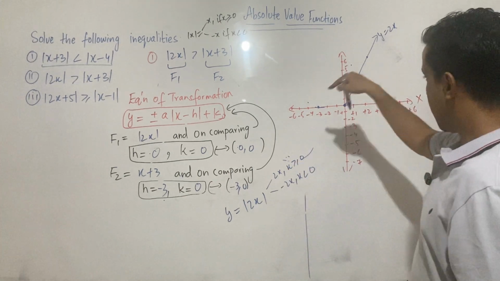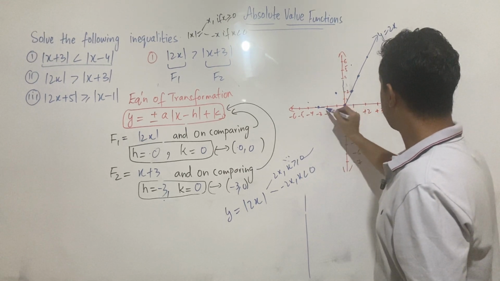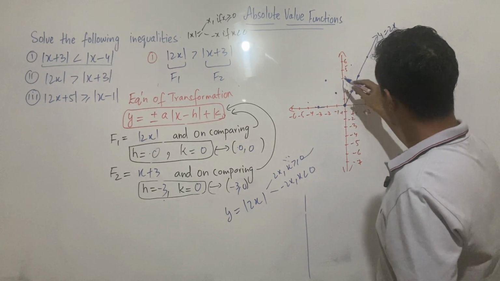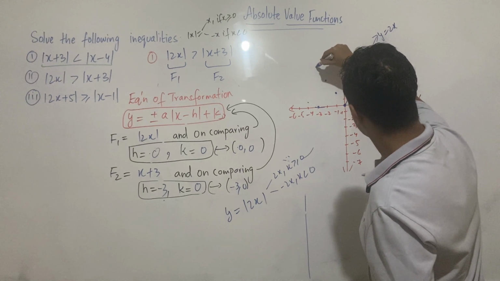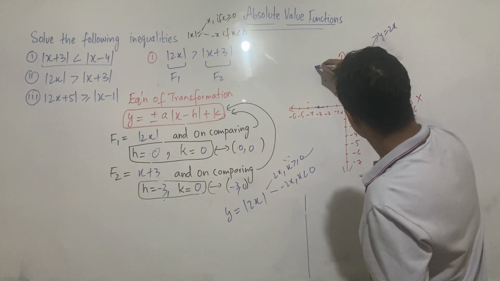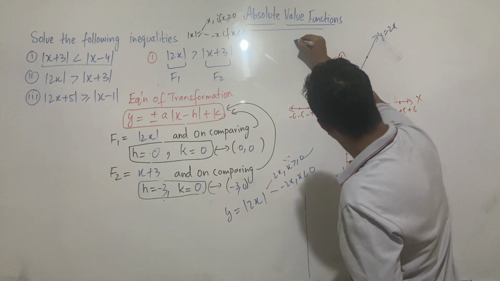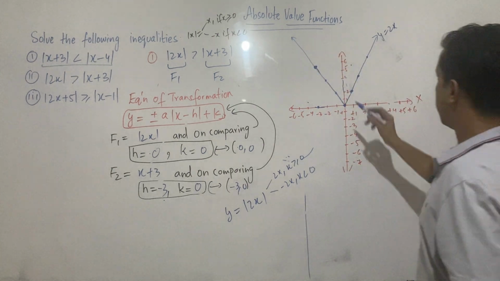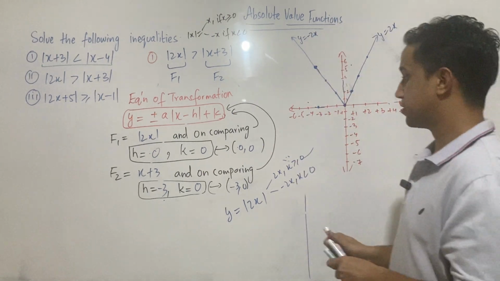Let's move to the other side. Same: minus 1, 2; minus 2, 4; minus 3, 6. If you join these points, this is y equals minus 2x.